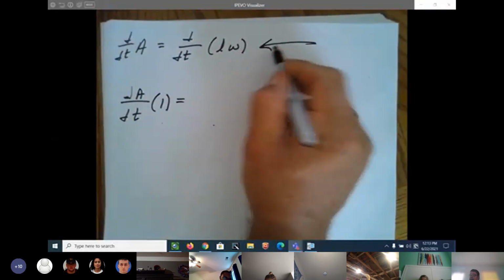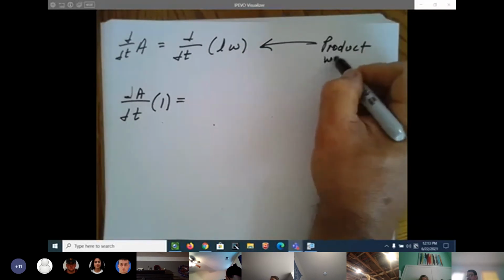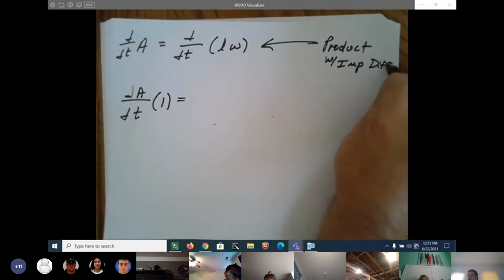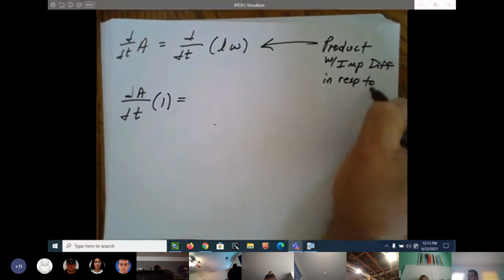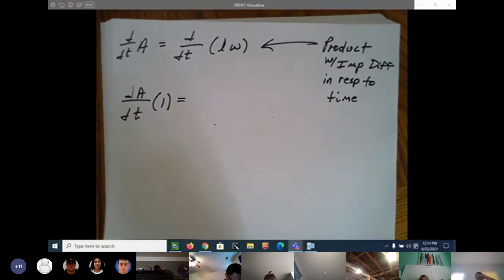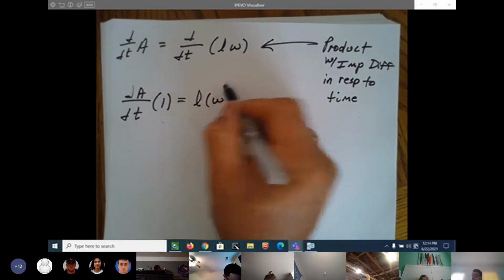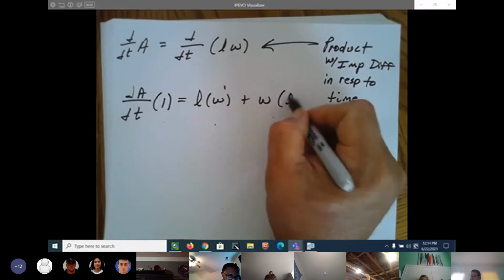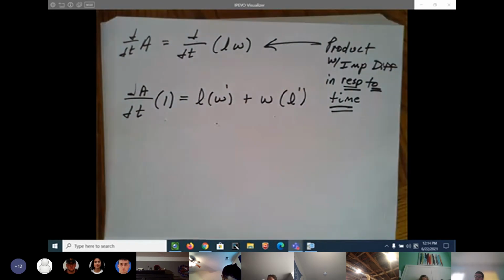Product rule here, but you have to use the product rule with implicit differentiation in respect to time. So first times the derivative of the second plus the second times the derivative of the first in respect to time.